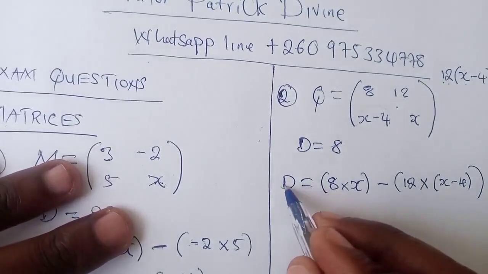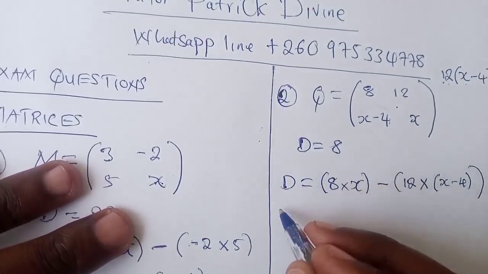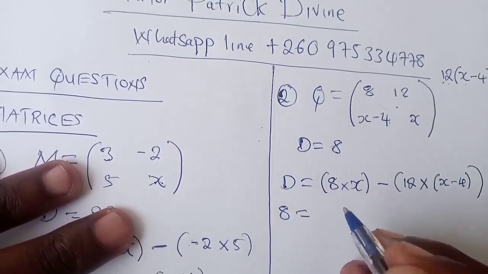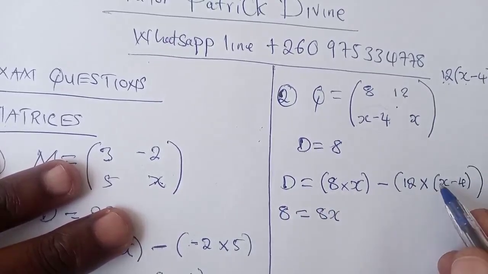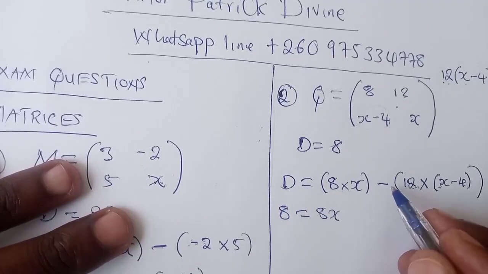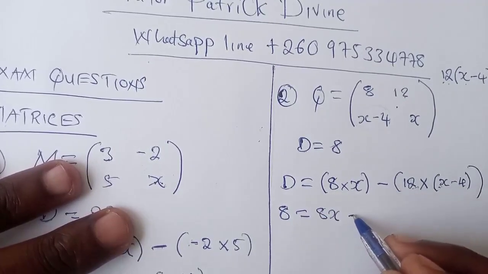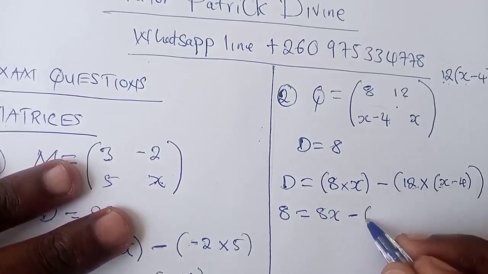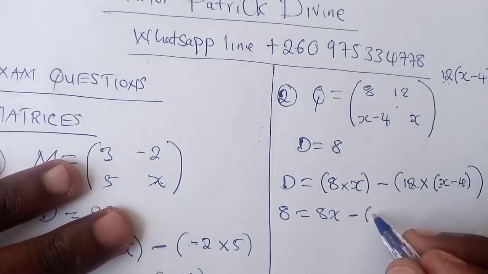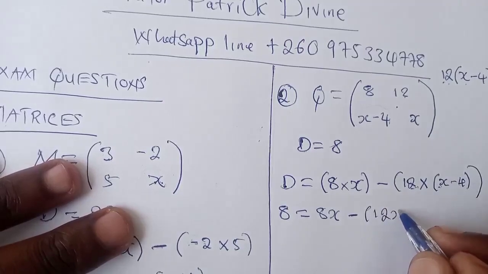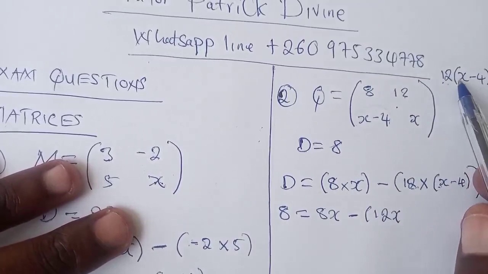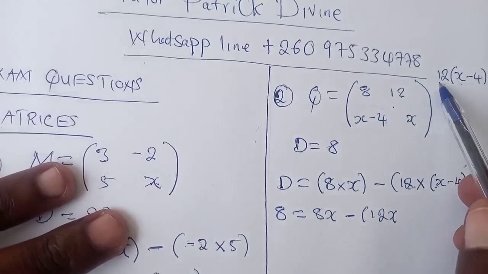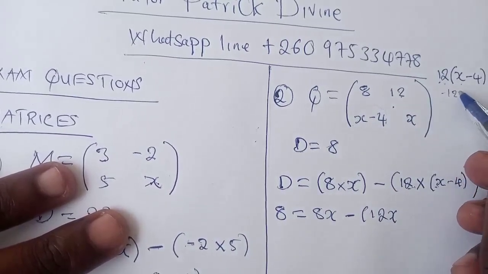So the determinant that they have given you is 8. You put 8 is equal to 8 times x, that is 8x. Then you are multiplying now, so you put the negative sign here. 12 times x is 12x.